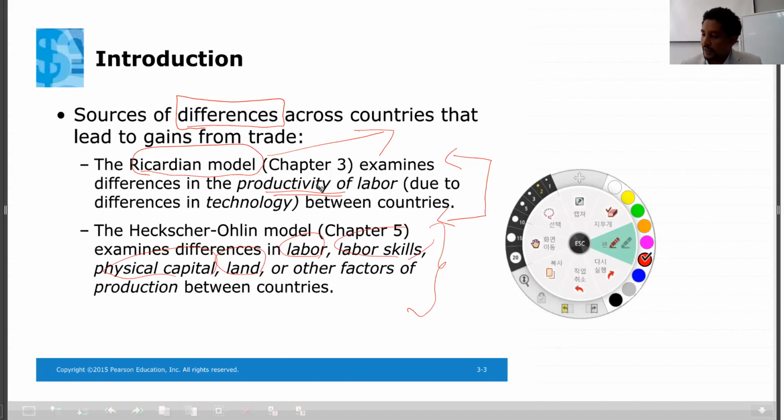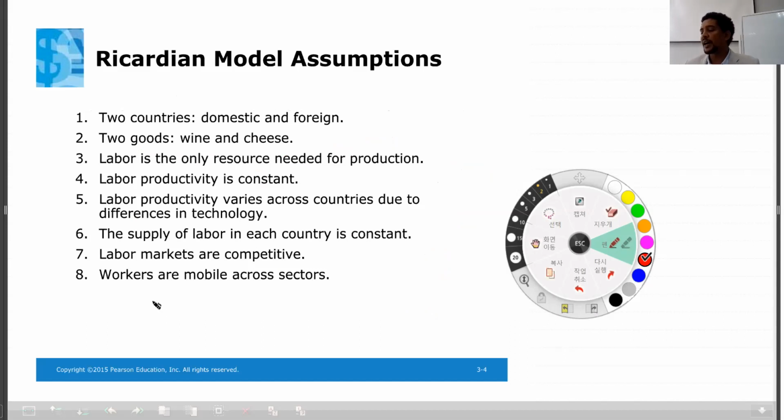Then, these are the Ricardian model assumptions. So let's state the assumptions, and when we explain or do some examples, we will be basing them on these eight assumptions of the Ricardian model. The Ricardian model assumes two countries, one domestic, one foreign, and two goods, wine and cheese.